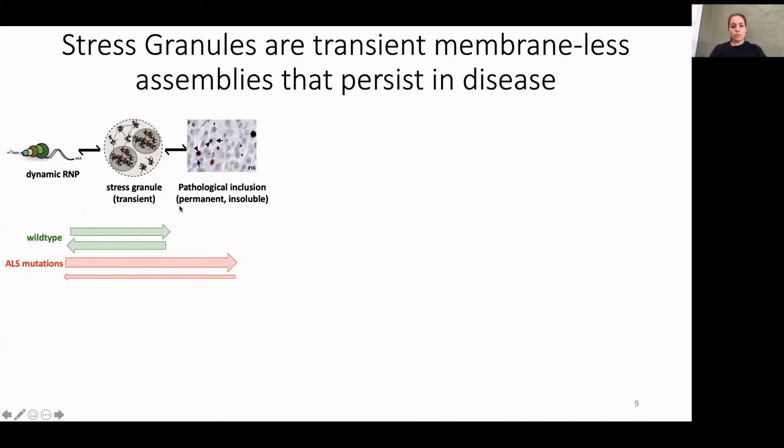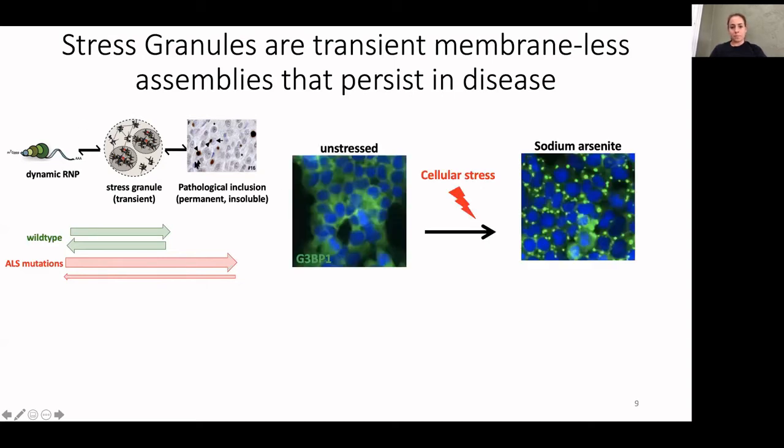However, when you remove the stressful environment, when you would expect them to go back into their free state and allow translation to occur, they don't. They maintain these aggregates. And this is a problem because if these aggregates form long-term, cells can't translate their mRNAs and make proteins, and they'll ultimately end up dying.